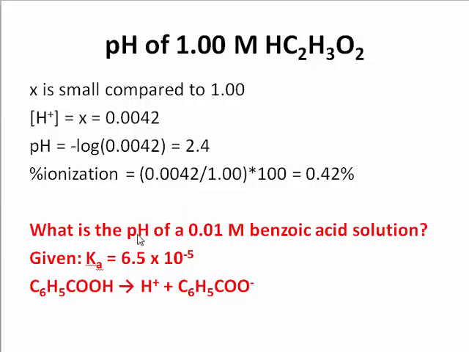Alright, attempt this problem. What is the pH of a 0.1 molar benzoic acid solution, given this Ka for benzoic acid? And here is the reaction that corresponds to that acid constant.